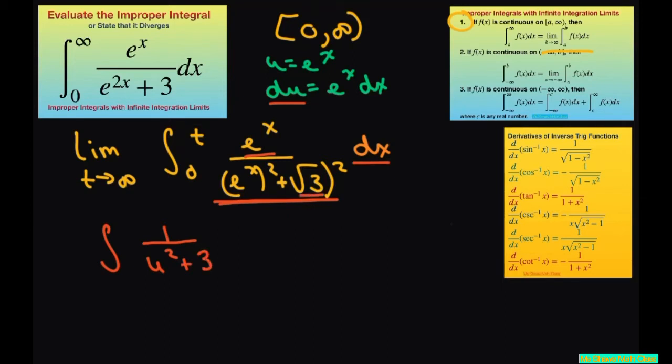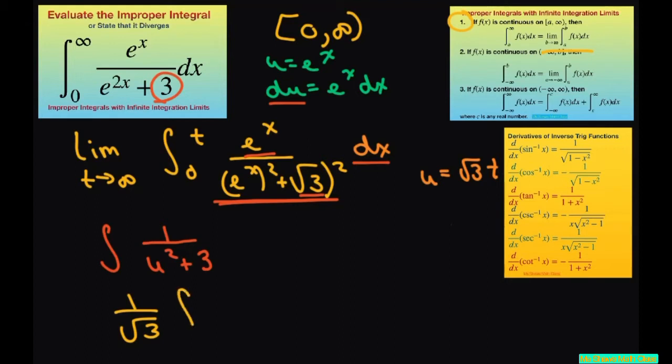All right, I'm just looking at this piece right now. All right, so now we're going to let u equal square root of 3 t. And then when you integrate this, you're going to get 1 divided by square root of 3.